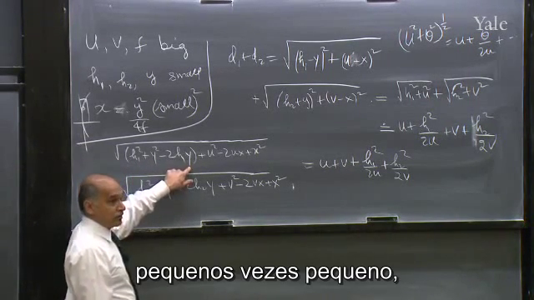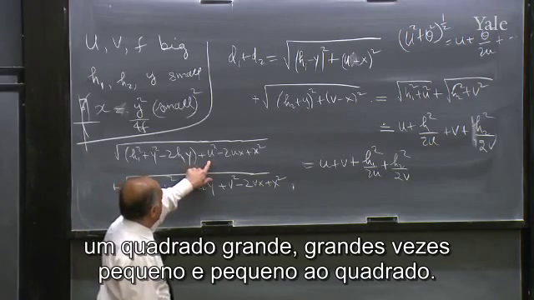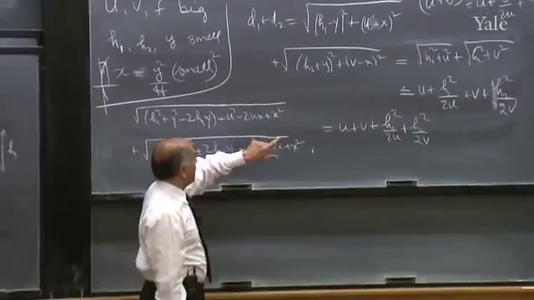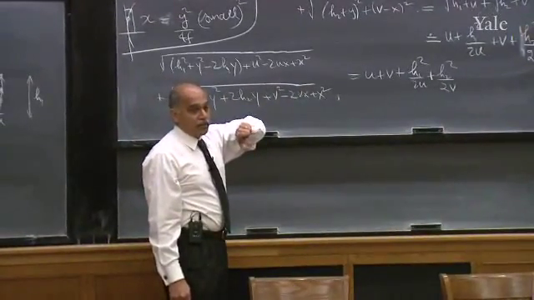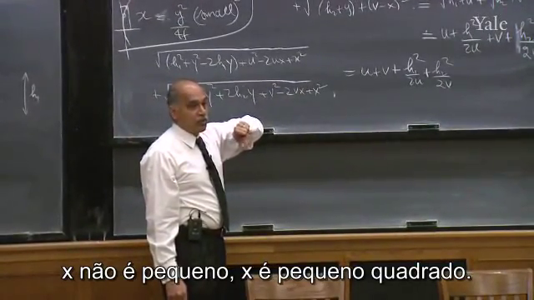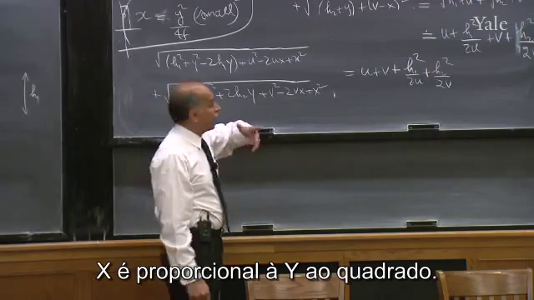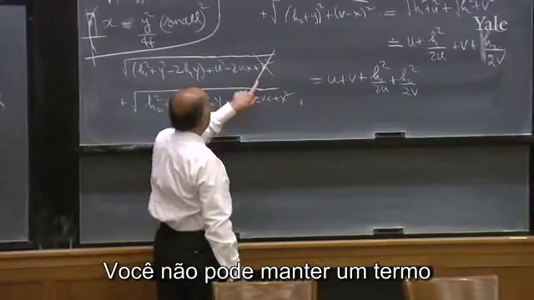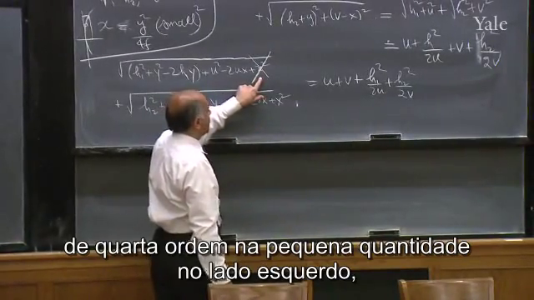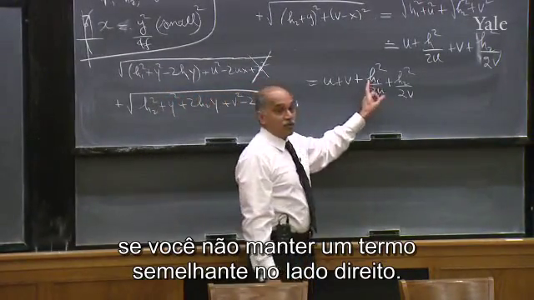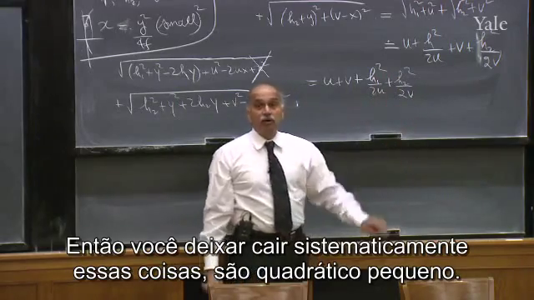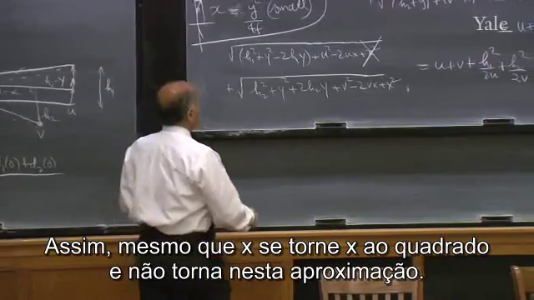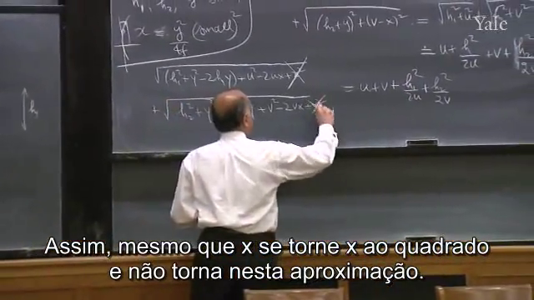Small times small. A big square. Big times small and small square, but you've got to be a little careful. X is not small. X is small square. Remember that? X is proportional to y squared. This is proportional to y to the 4th. You cannot keep a term to 4th order in the small quantity on the left-hand side if you don't keep a similar term on the right-hand side. So you systematically drop things which are quartic in the small. So even though x makes it, x squared doesn't make it in this approximation.